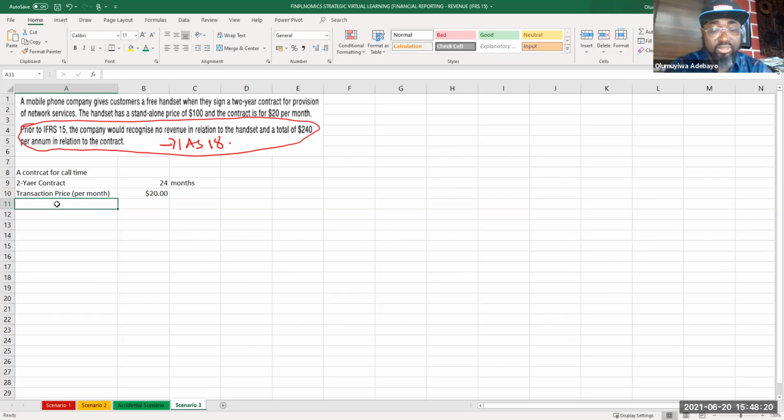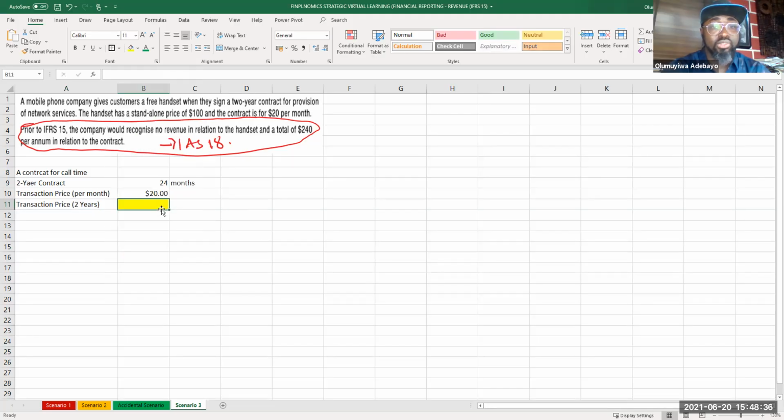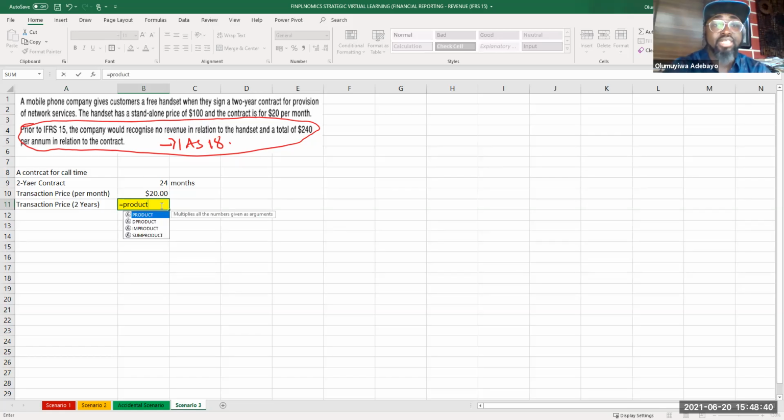Okay, which means the transaction price over 2 years is 24 months multiplied by 20. That's 480.